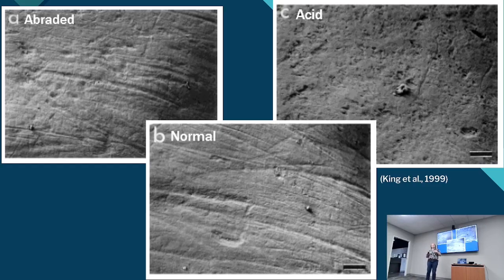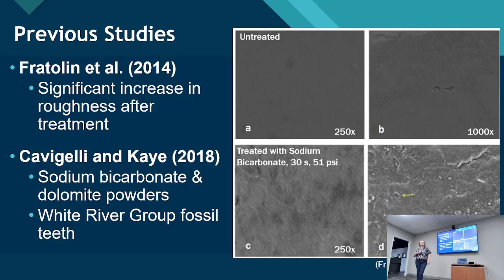Usually this is due to tumbling in a stream or in the ocean or something like that. And then if you were unlucky enough to get eaten and digested, acid etching can also happen on those teeth as well. There have been some previous studies on air abrasion, which I'll define next, I promise.